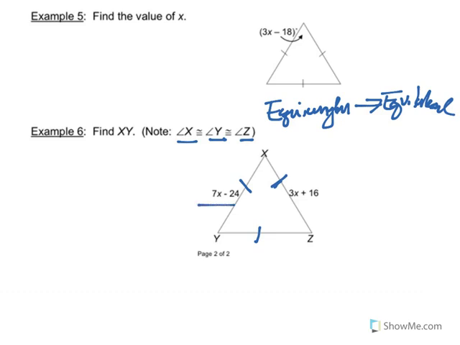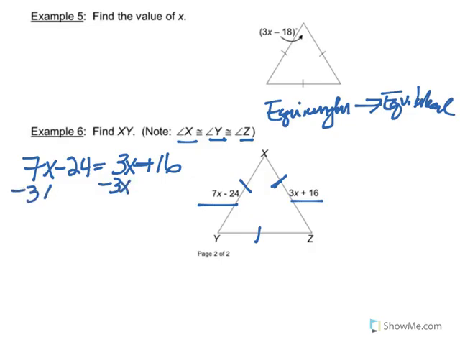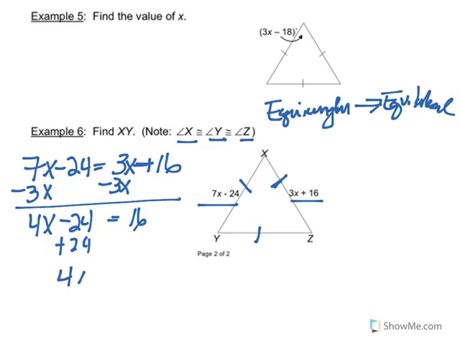We're just going to take these two and set them equal to each other. 7x minus 24 is equal to 3x plus 16. Let's subtract 3x and add 24, so 4x equals 40.